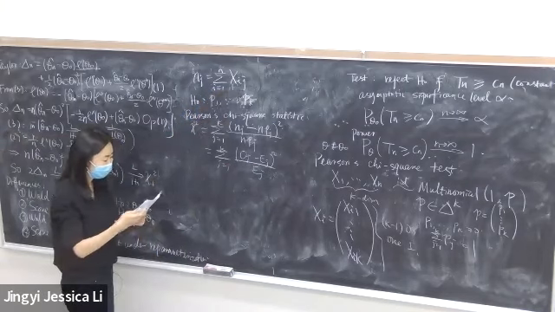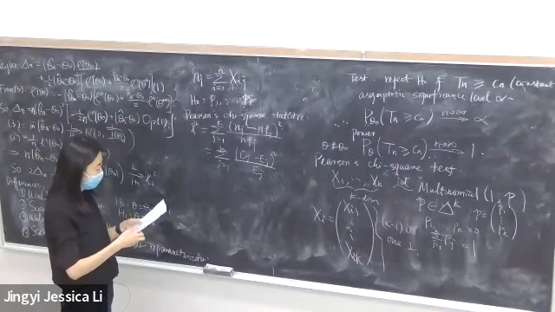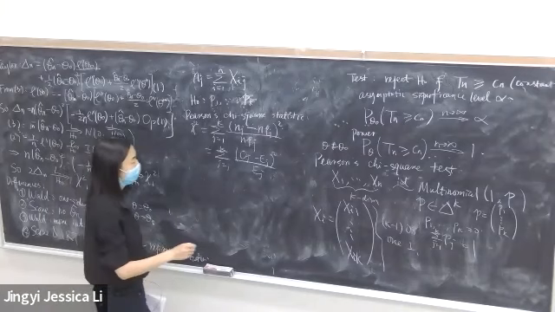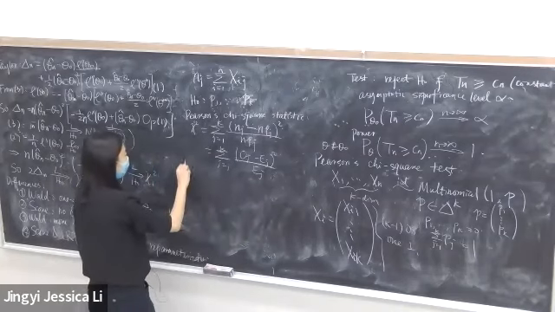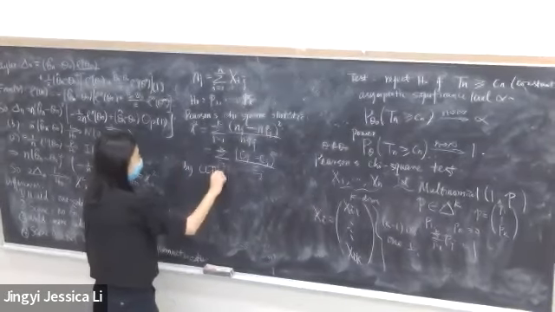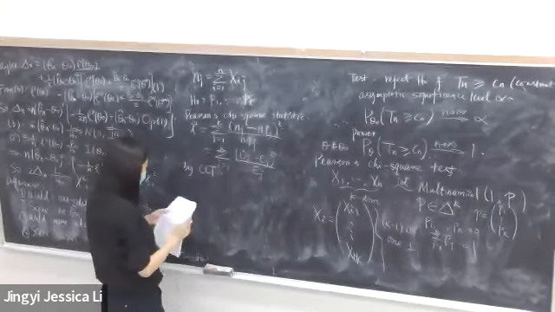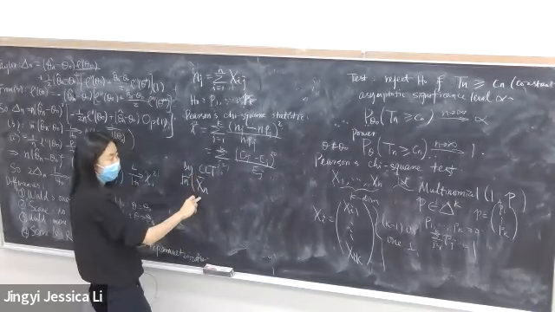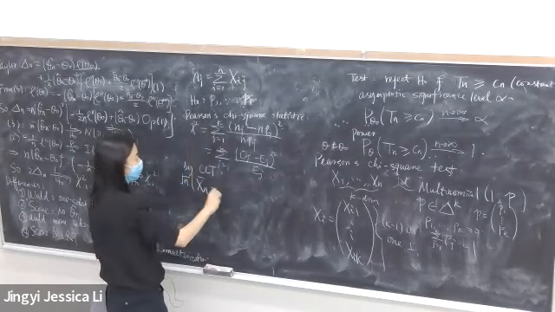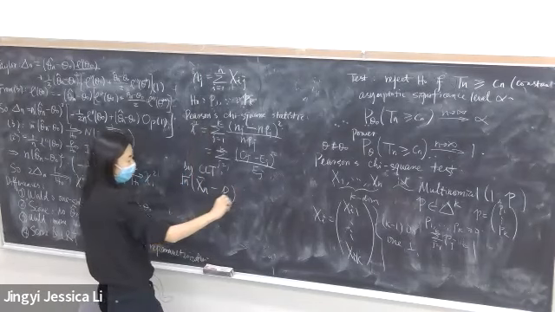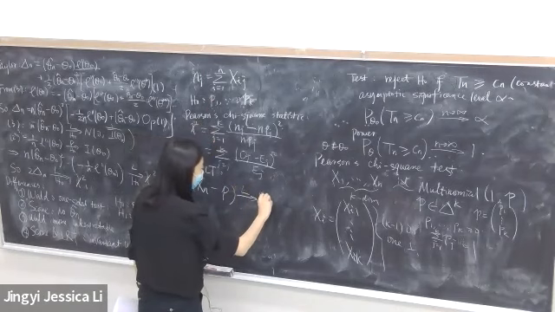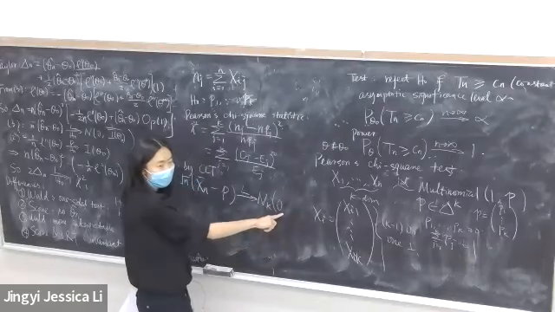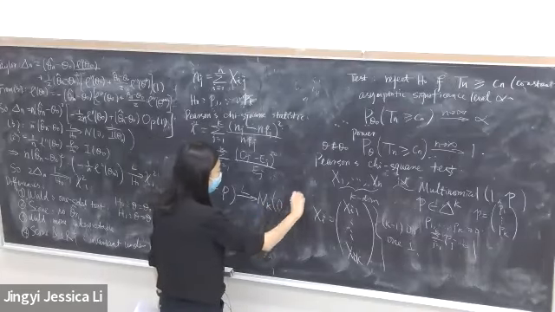So what we know is that if we take the average of these things, by central limit theorem, root n times (X bar minus the expectation p vector), which is k-dimensional, will converge in law to a k-dimensional normal distribution. I'm just saying 0, the k-dimensional vector, and the covariance matrix.